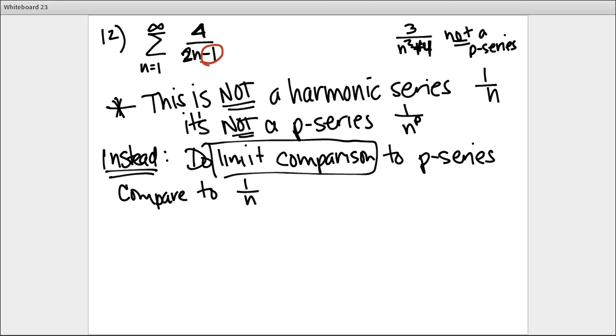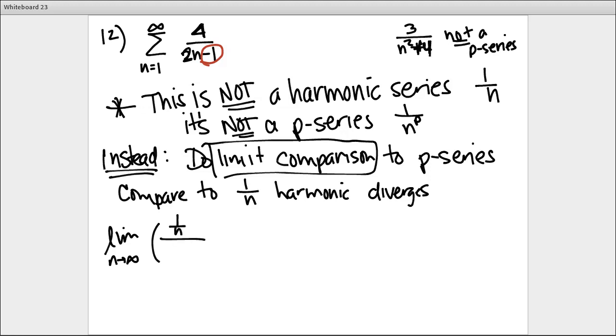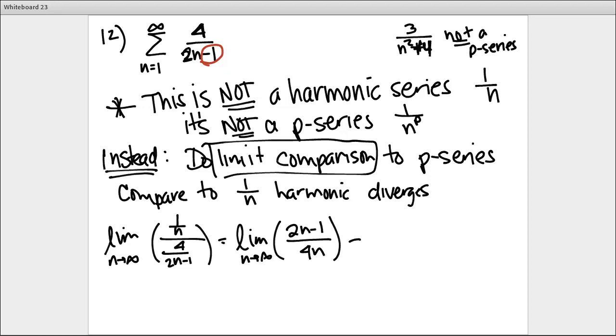For this guy I would compare it to 1/n, which we know is the harmonic series, which diverges, because p is 1. And so you take the limit as n goes to infinity of your known guy over this guy, and that's the limit as n goes to infinity of 2n minus 1 over 4n.